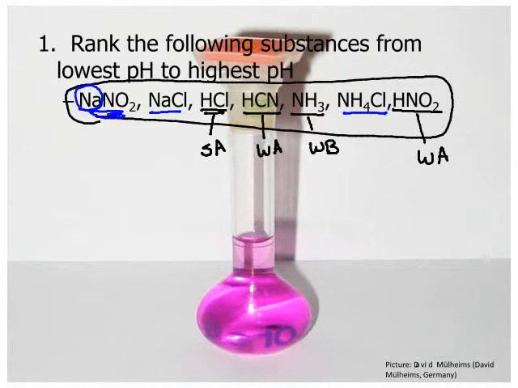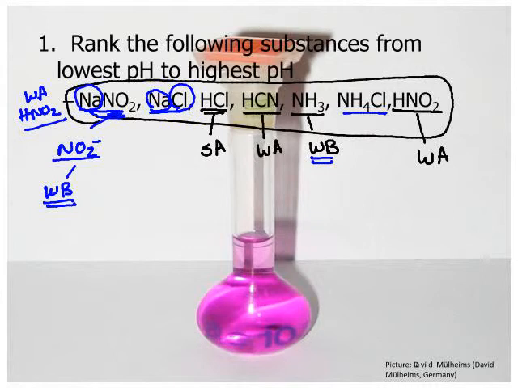What we have is the nitrite ion, the anion of the weak acid HNO2. If HNO2 is a weak acid, that makes NO2 negative a weak base. We'll have to compare this weak base to ammonia and decide which is stronger.